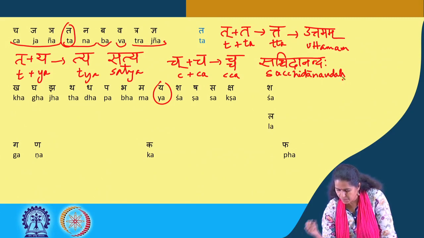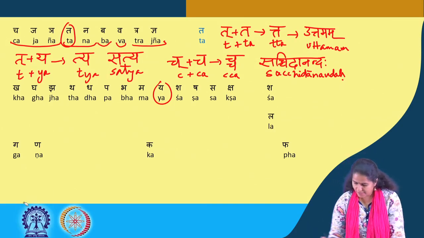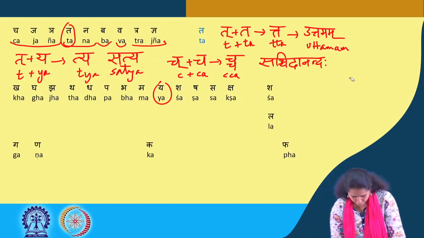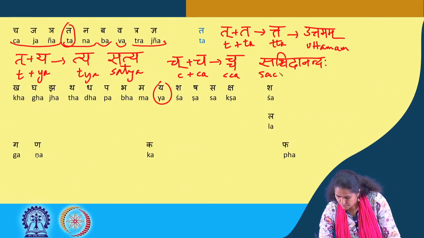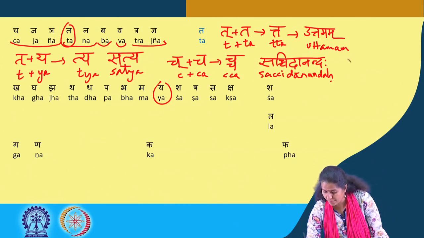Satchidananda. Okay, so the word has stretched out, but I will erase it again and just write it out below it, so it's easier for you to follow more strictly. Satchidananda. But there's just one more way that the chichi could be there. So you could also have it as ch plus ch on the side.